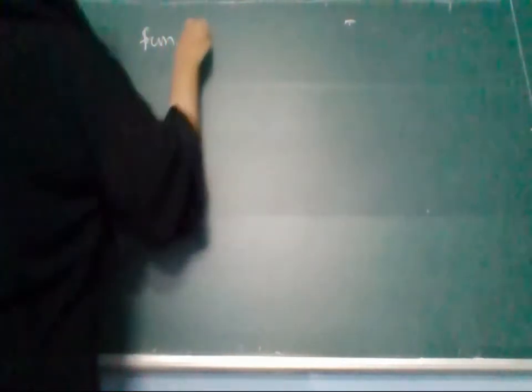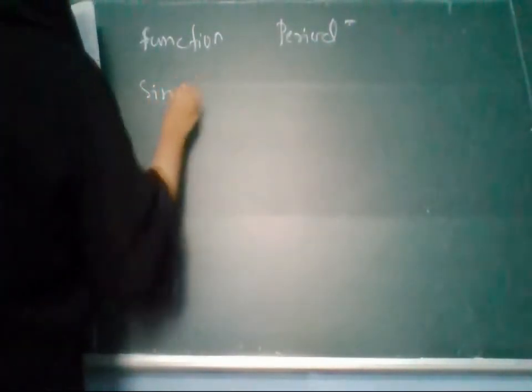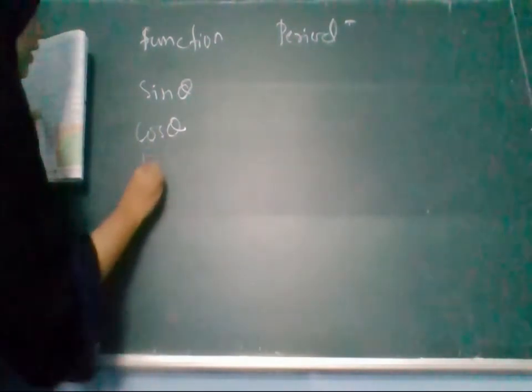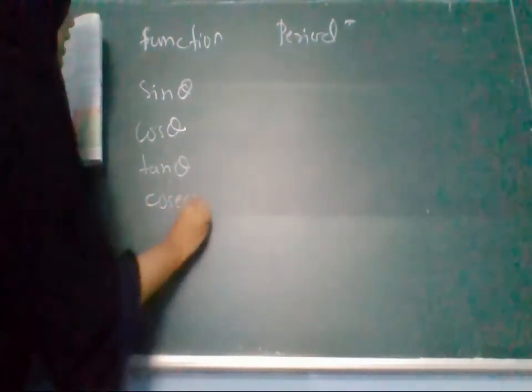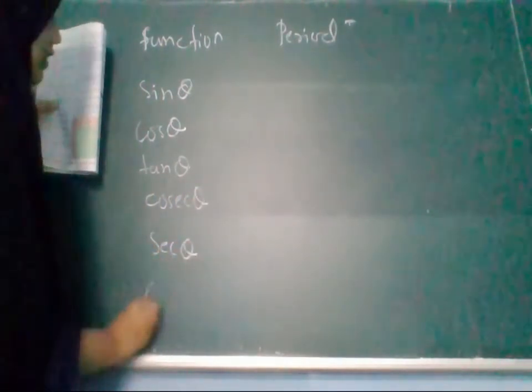So I am just writing the period and the functions. The functions are first sine theta, then cos theta, then tan theta, cosec theta, then sec theta, and cot theta.